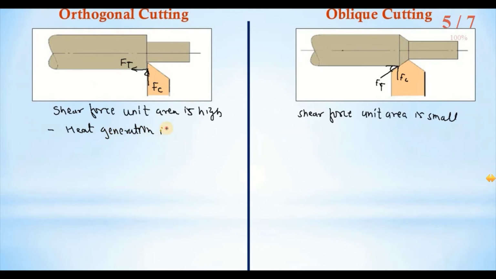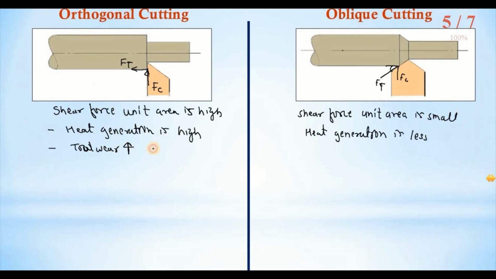Heat generation is high in orthogonal cutting, and shear force per unit area is small, so the heat generation is very less in oblique cutting. As the heat generation is more, the tool wear is high in orthogonal cutting.